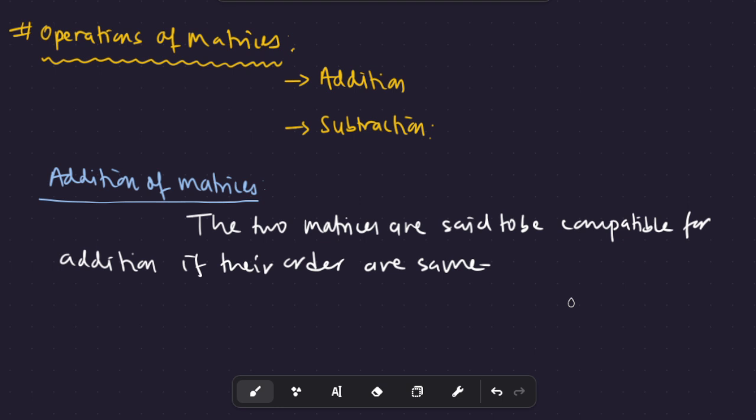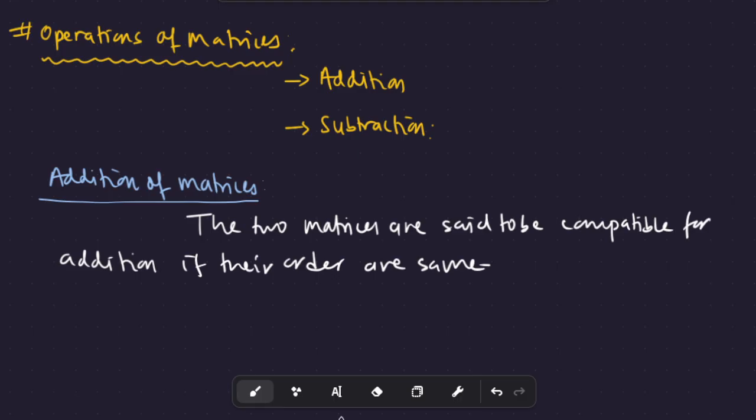Have you remembered what order means? Do you know? Order means the number of rows and the number of columns.